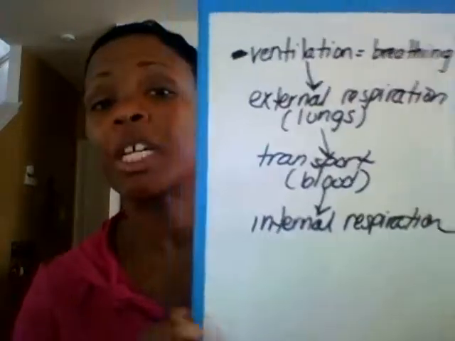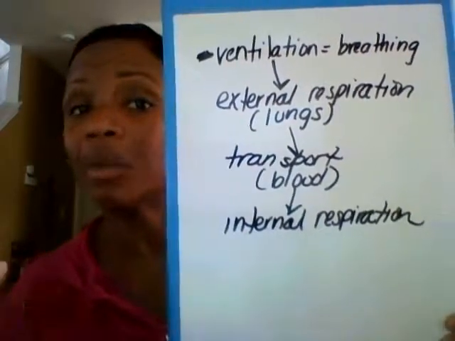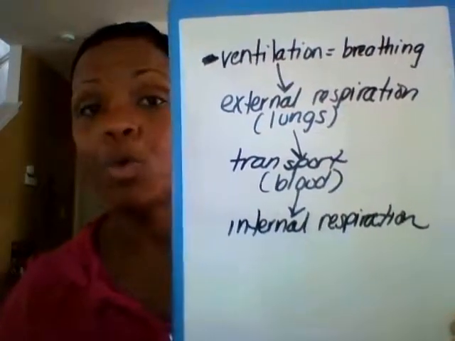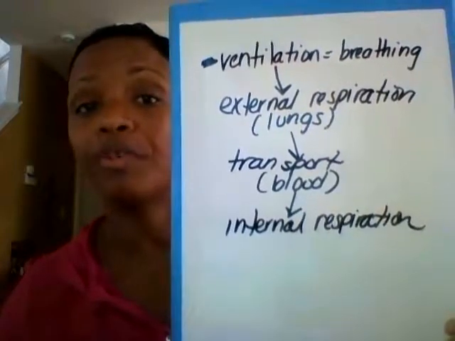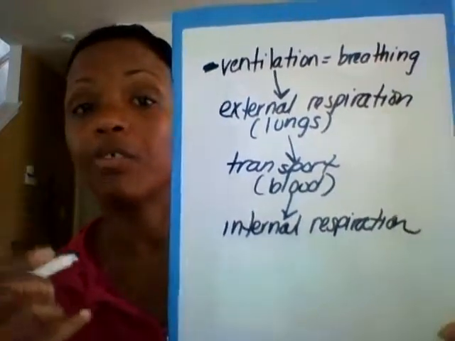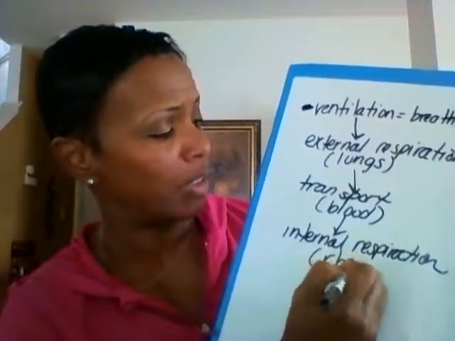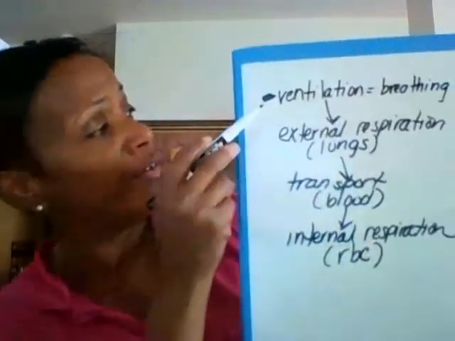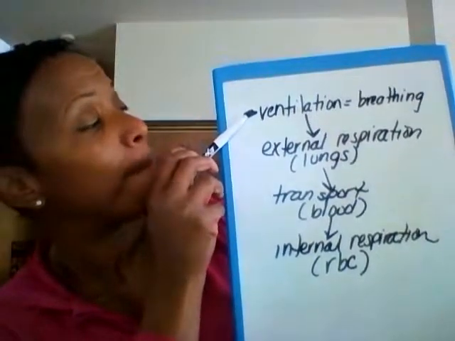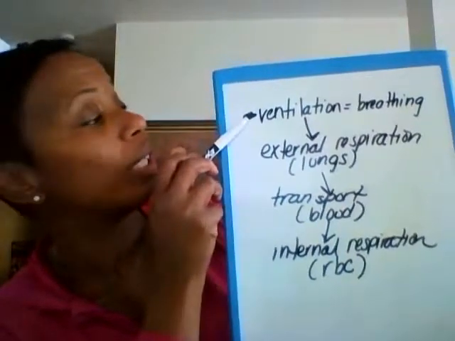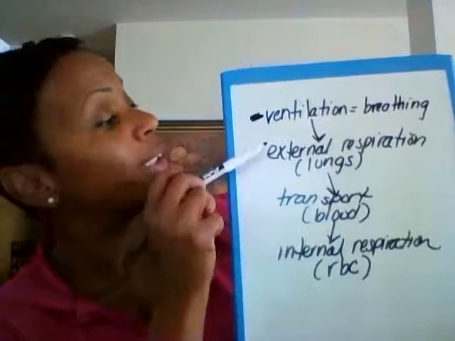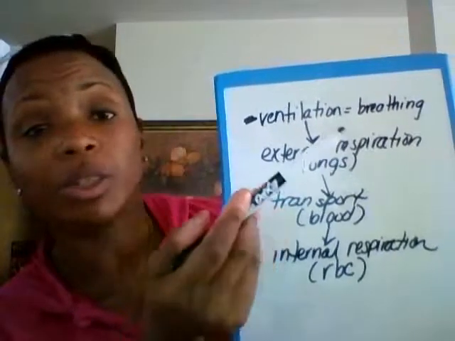Internal respiration is when those gases that we've just taken in move directly to the formed elements. The formed element specifically would be the red blood cells. So we've gone from the organism breathing, the organ system that goes to work is the respiratory system.